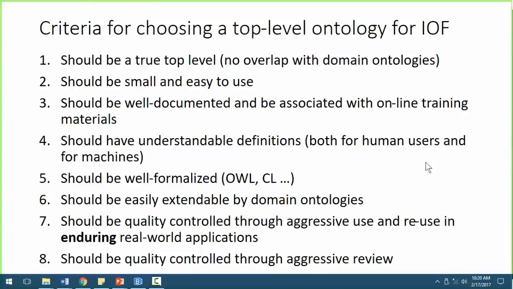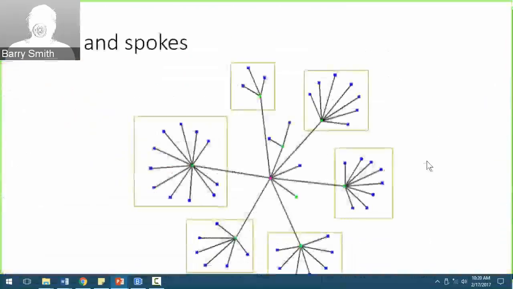So let me go back to that particular image. The unit? Each node here is an ontology. So in the more complicated graph, which includes both the reference ontologies and the application ontologies, it will be a lot messier.